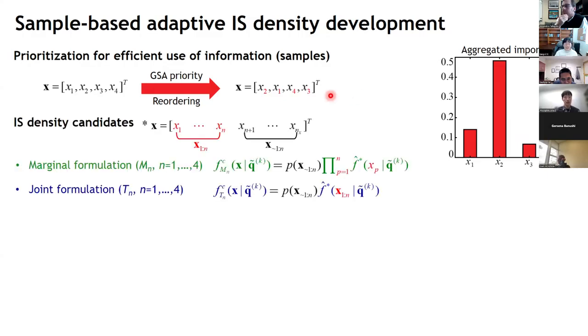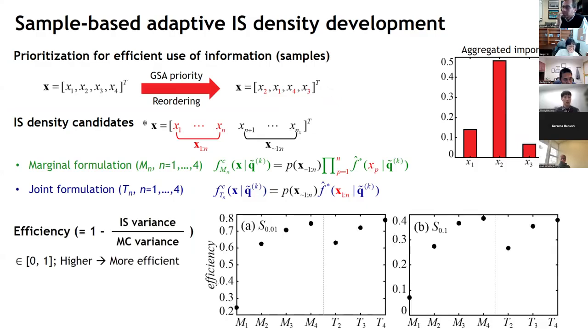For further efficiency, we can also consider marginal or joint formulations in the importance sampling density development. And finally, this graph shows how much variance can be reduced by using the developed importance sampling density.